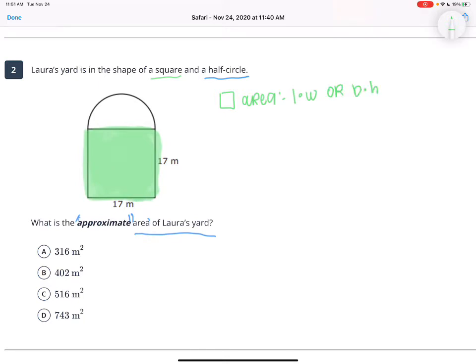In this case, we're multiplying 17 times 17, which is 289 meters squared. I'll write that in black.